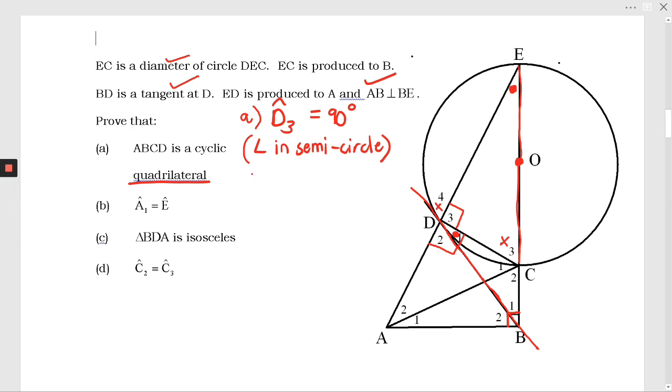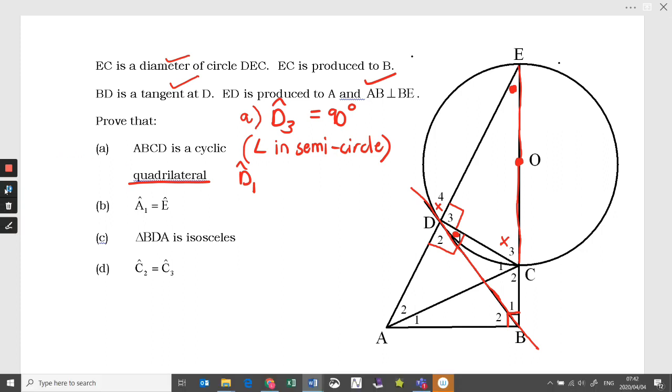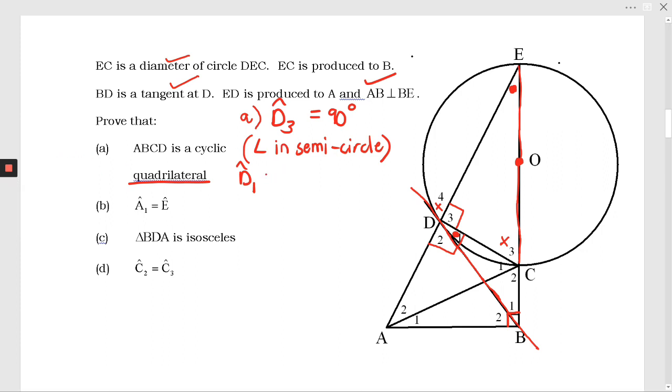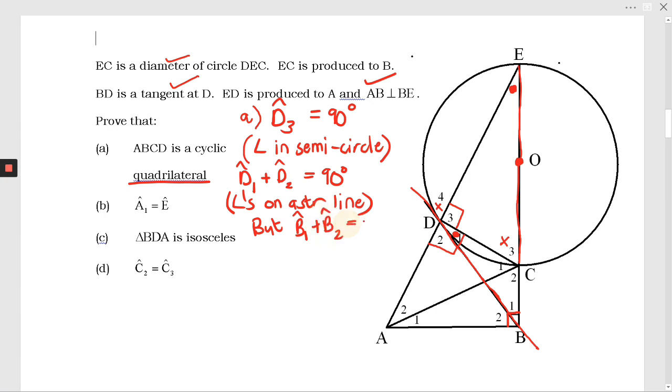And then that made D1 plus D2 equal to 90 degrees because of angles on a straight line. But then I'm given that B1 plus B2 equals 90 degrees, and that was given.